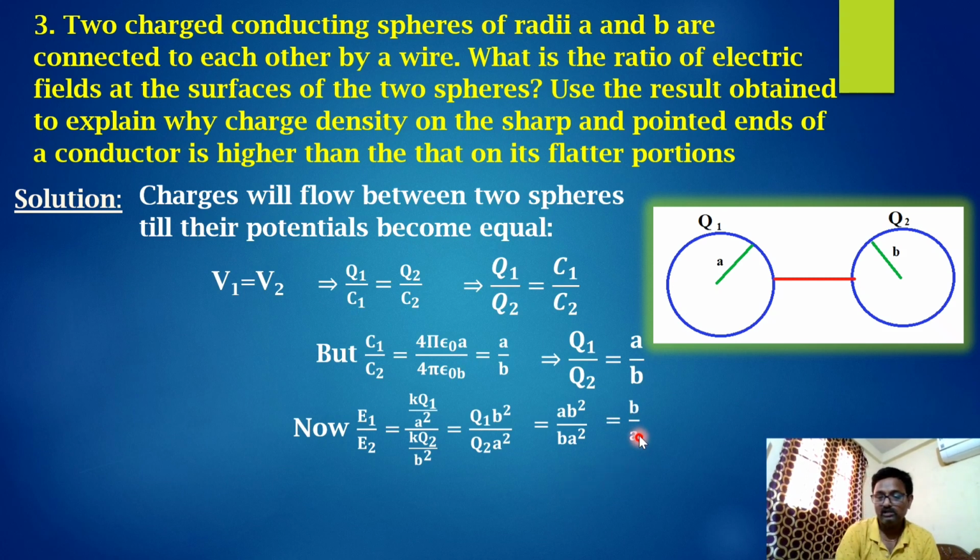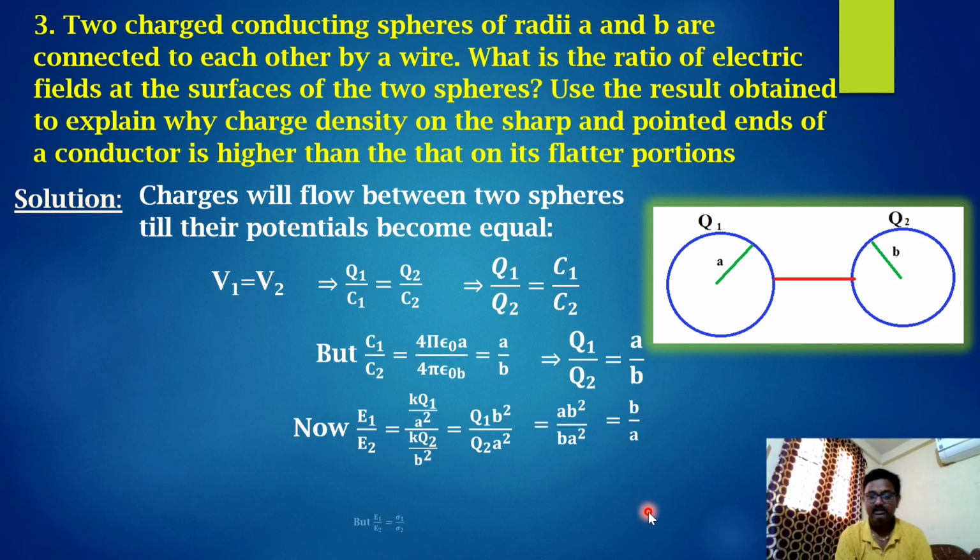So we got the ratio of electric fields, that is B by A. So the first question is completed. Now the second question, we have to explain why the charge density is more on sharp and pointed ends than on flatter portions.